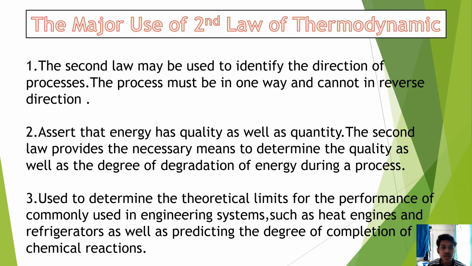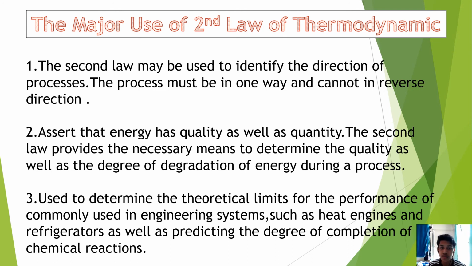Next, I'm going to explain what the major uses of the second law of thermodynamics are. First, it may be used to identify the direction of a process. The process must go in one way and cannot go in the reverse direction. The second one, this law also asserts that energy has quality as well as quantity.